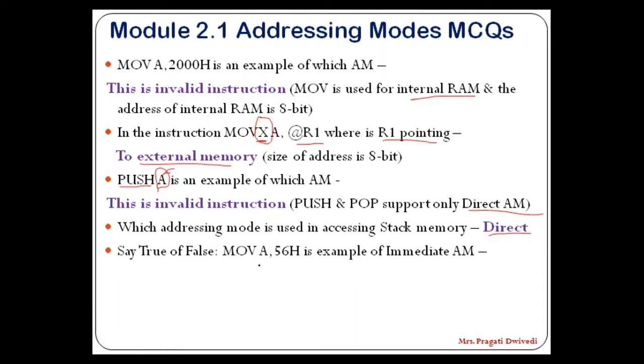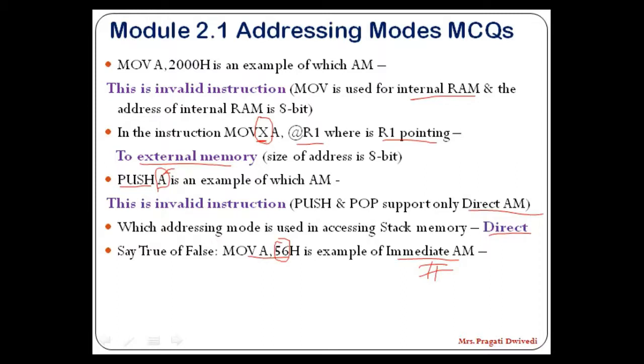Say true or false. MOV A, 56H is an example of immediate addressing mode. What will you see? There is a number, so there is a chance of it being immediate addressing mode. But for immediate addressing mode, we saw that the hash symbol is compulsory. There is no hash symbol here, so it is not an example of immediate addressing mode.